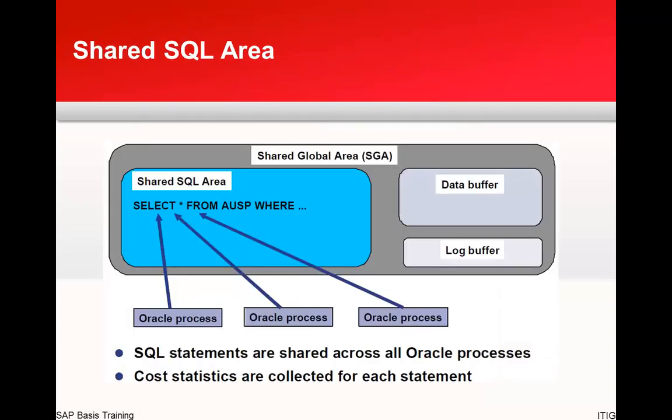Here it's the shared SQL area. You can see that this is the shared global memory, that is SGA. Within this global memory, you have the shared SQL area, the data buffer area, and the log buffer area. SQL statements are shared across all Oracle processes, and cost statistics are collected for each statement.